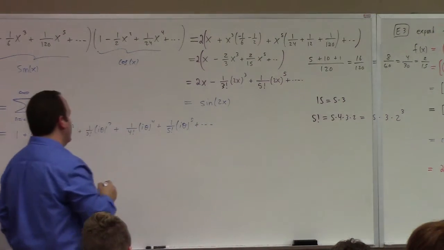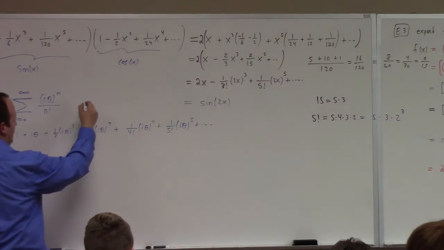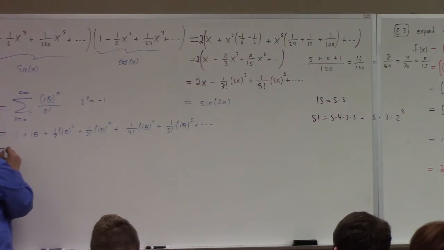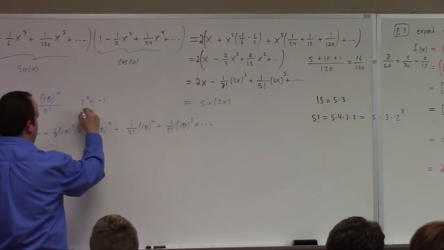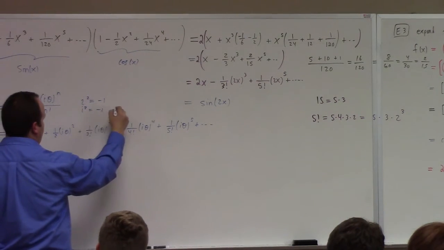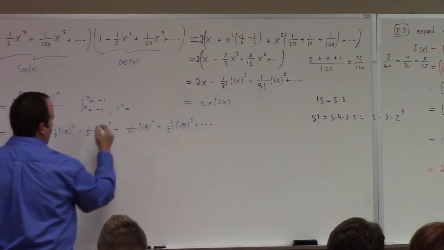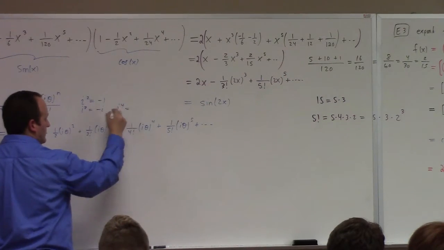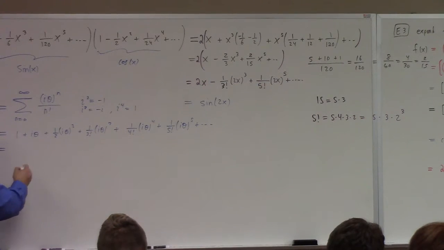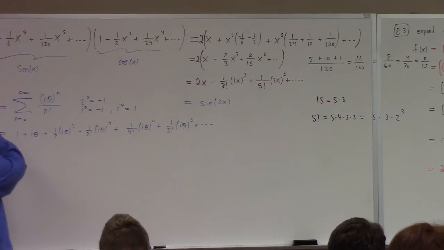Okay, fine. How does i work? Well, i squared is what? -1, right? And so what's i cubed? It's minus i. And i to the fourth is 1 again, right?